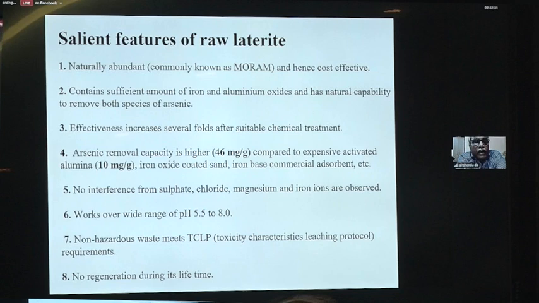It contains a sufficient amount of iron and aluminum oxide, and it has a natural capability for removal of both species of arsenic. Effectiveness increases several folds after suitable chemical treatment.